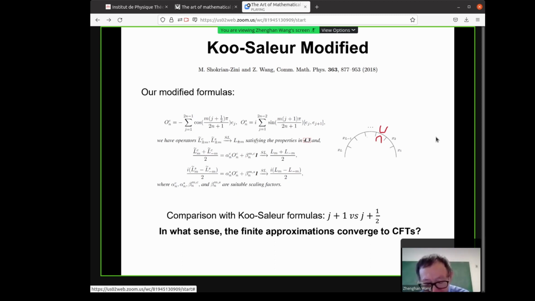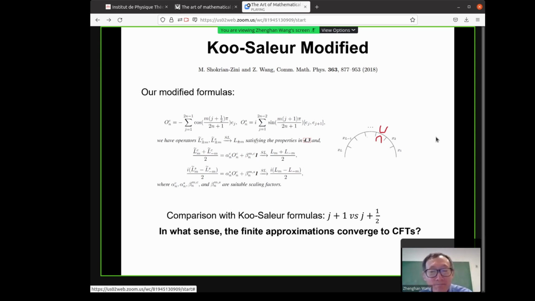So we started by trying to reverse engineer what kind of finite lattice approximation of the Virasoro generators works. And we came up with something very similar to Koo-Saleur, except in the Koo-Saleur formula there's an index j plus 1, and we used j plus 1/2. So there's a shift of half a lattice site.